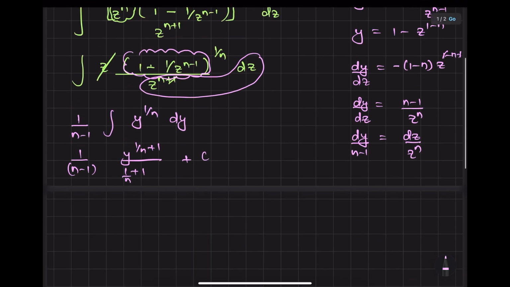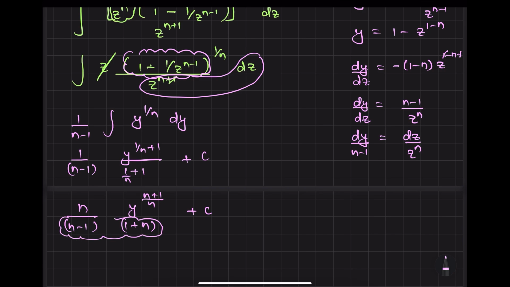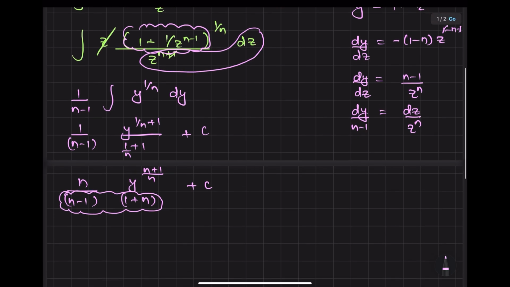Now please do the simplification first. So it is 1 by (n minus 1) with (1 plus n), and then n on the numerator, and y^((n+1)/n) plus integration constant c. If you observe the denominator, it is (a plus b)(a minus b), so it is a square minus b square.